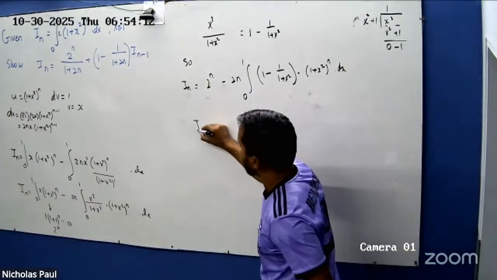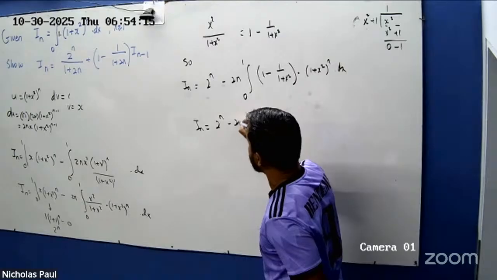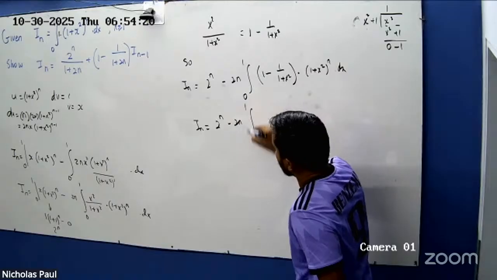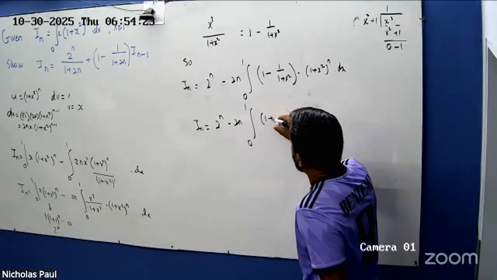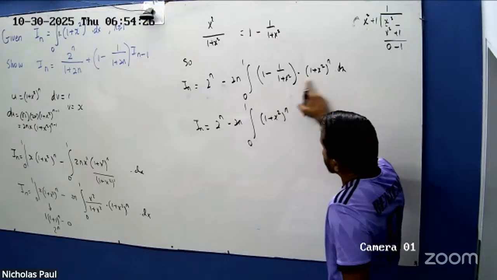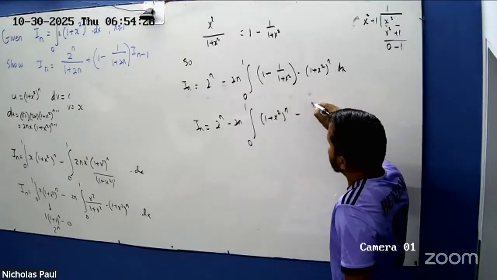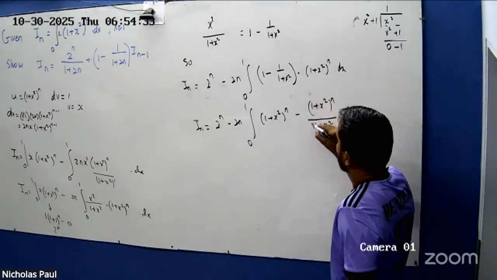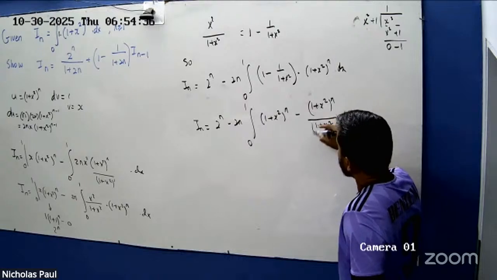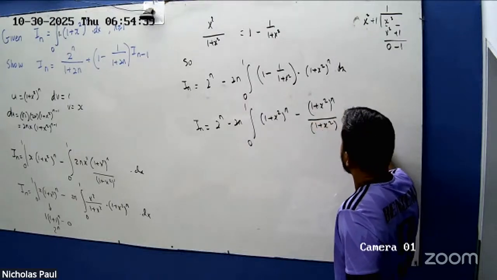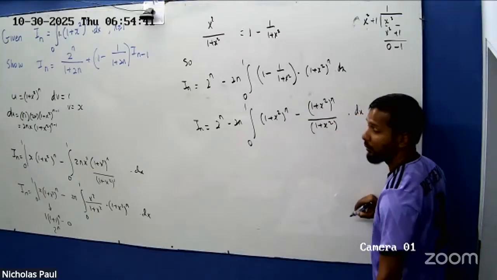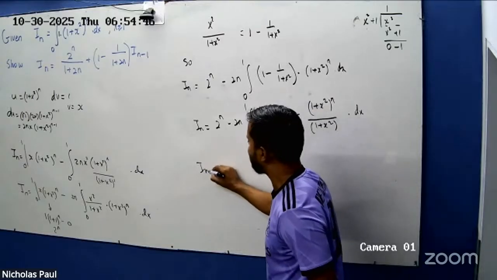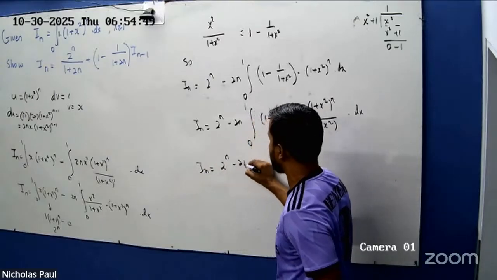So you'll end up with I to the n is 2 to the n minus 2 to the n, multiplying this slightly by the integral between 1 and 0 of 1 plus x squared to the n, this by 1, and then this by this, dx.